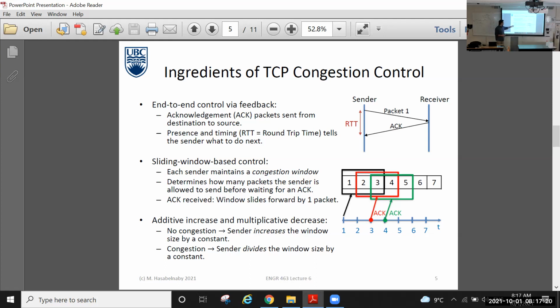You have a congestion window, which determines how many packets you can transmit to the receiver before waiting for an acknowledgement. For example, here our sliding window is 3 packets, so I can transmit 1, 2, 3.